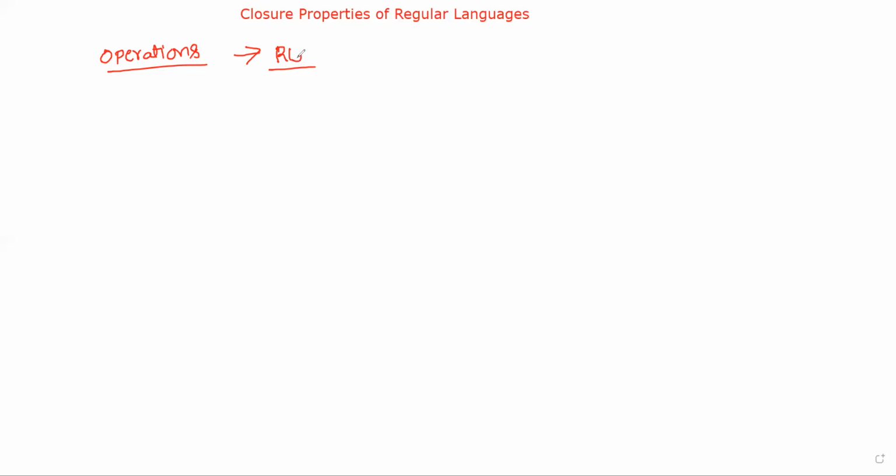So, what are some operations that are closed under regular languages? The first one is union. Assume L and M are two regular languages. The union of L and M is also regular.